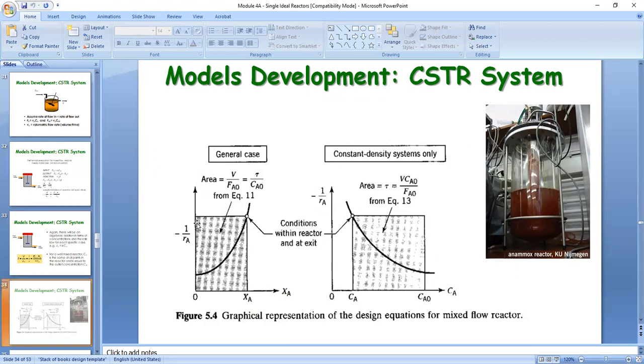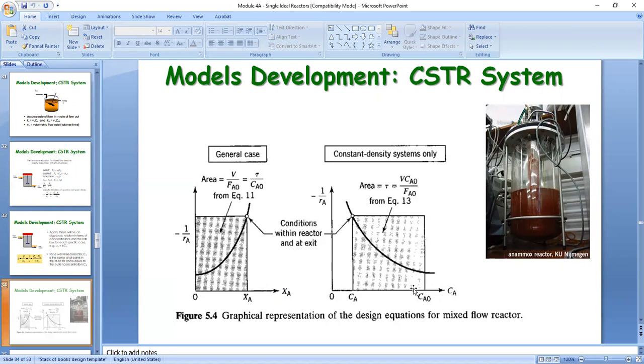So the area in here on top of the curve is the V over FAO, which is also equal to tau over CAO. In the other side, your area is the space-time itself, which is V CAO over FAO. This is for constant density systems.